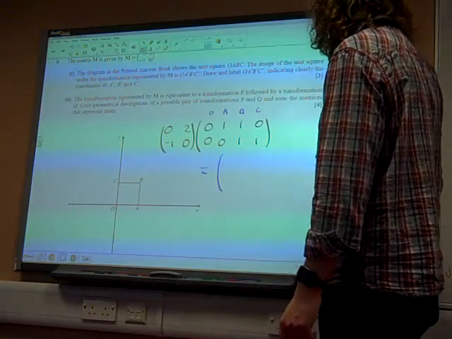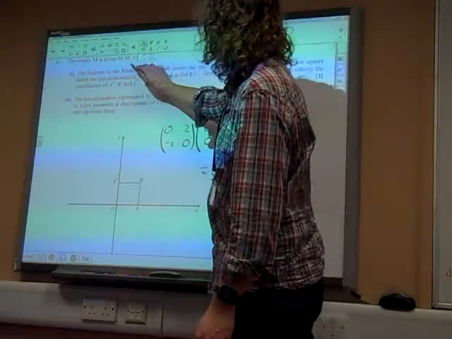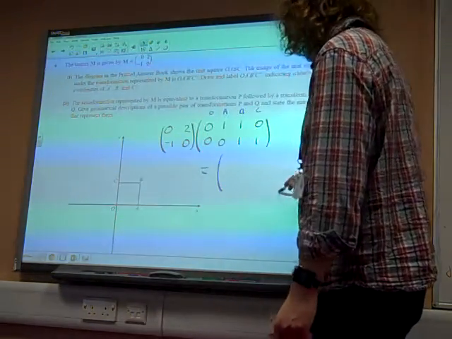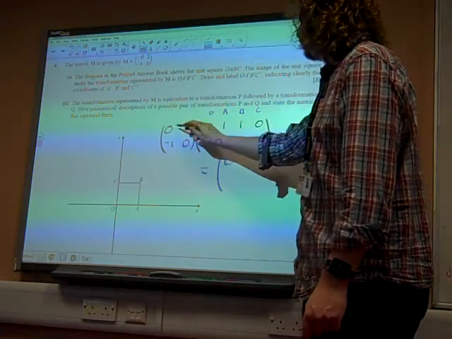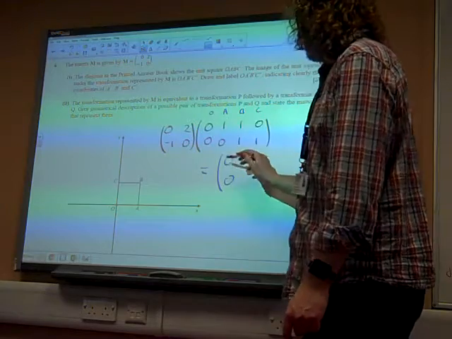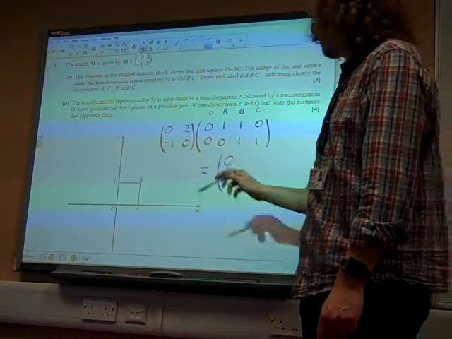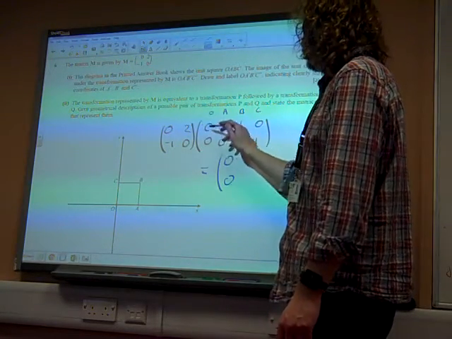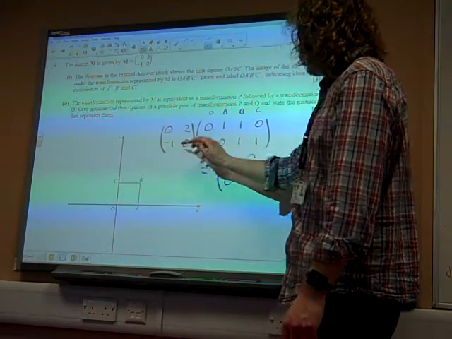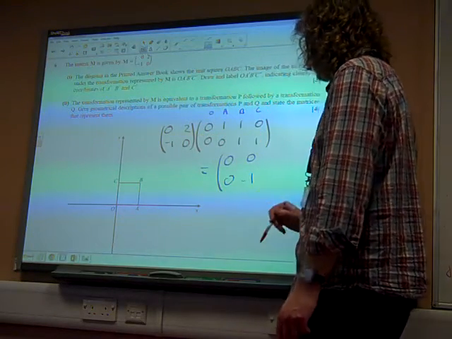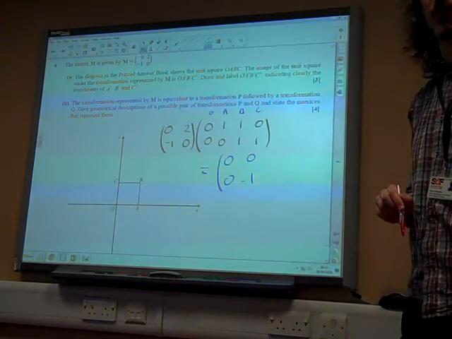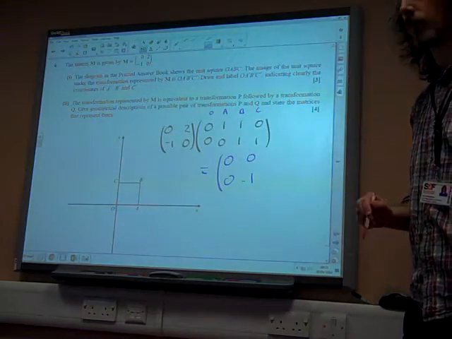As we do this then, we've got 0 times 0, so 0, 0. Now look at A: 0 times 1 plus 2 times 0, and minus 1 times 1 plus 0 times 0. So the new coordinates of A are 0, minus 1.